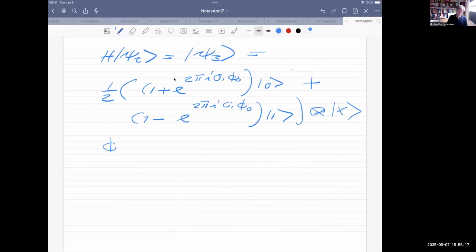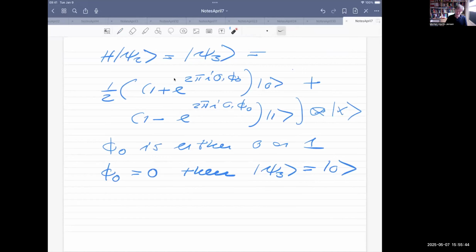So phi 0 is either 0 or 1. So if phi 0 is equal to 0, then what happens when we now perform the measurement, then psi 3 is equal to 0, as it should, because if we look at the operations here, if phi 0 is equal to 0, then this term just disappears because it's 1 minus 1.